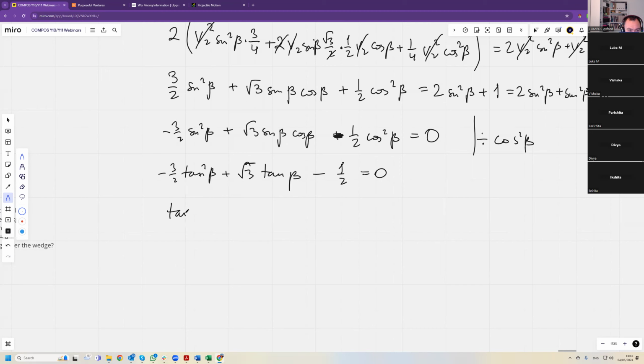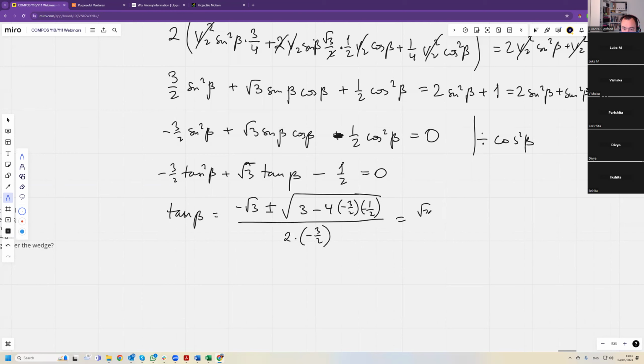So tan beta is equal to minus b, so minus square root of 3, plus minus square root of b squared, so 3, minus 4 multiplied by minus 3 over 2 multiplied by minus 1/2, divided by 2 multiplied by minus 3 over 2. Turns out that this is going to be square root of 3 over 3.